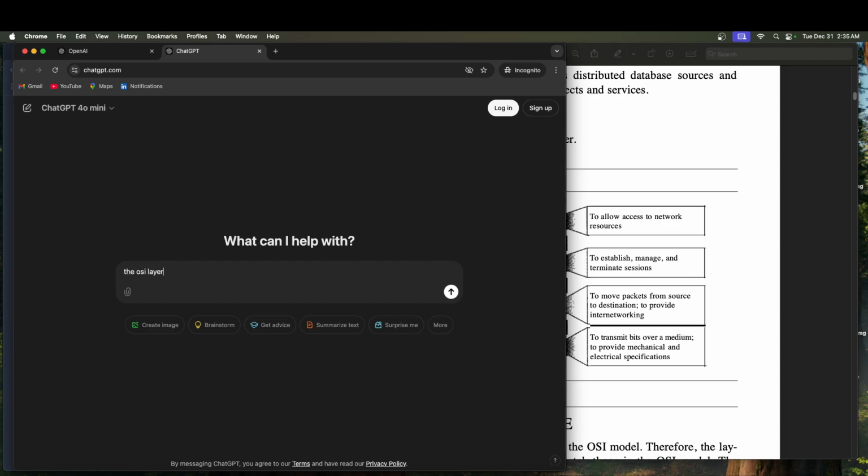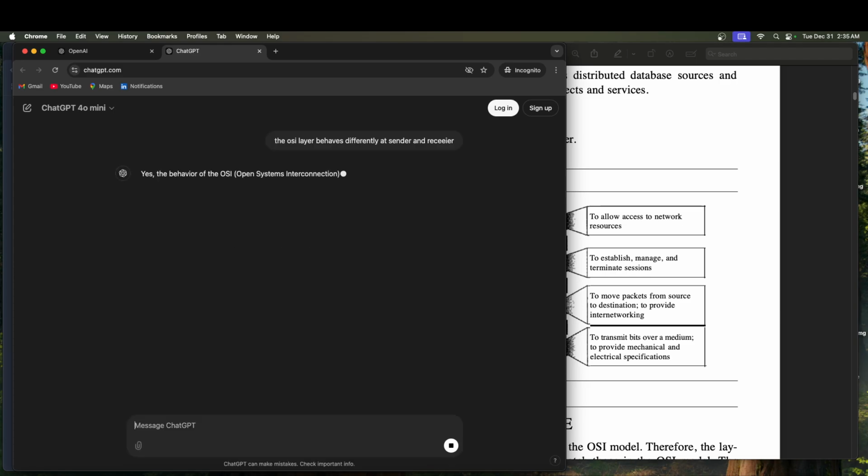The first thing we studied in OSI is that each layer is very different.